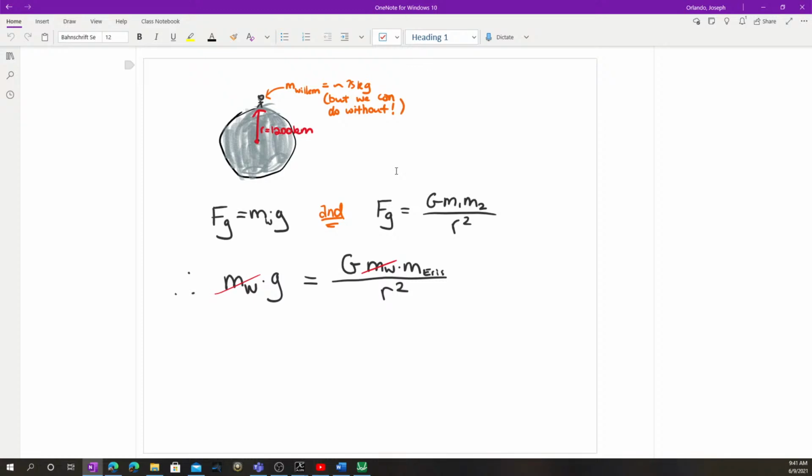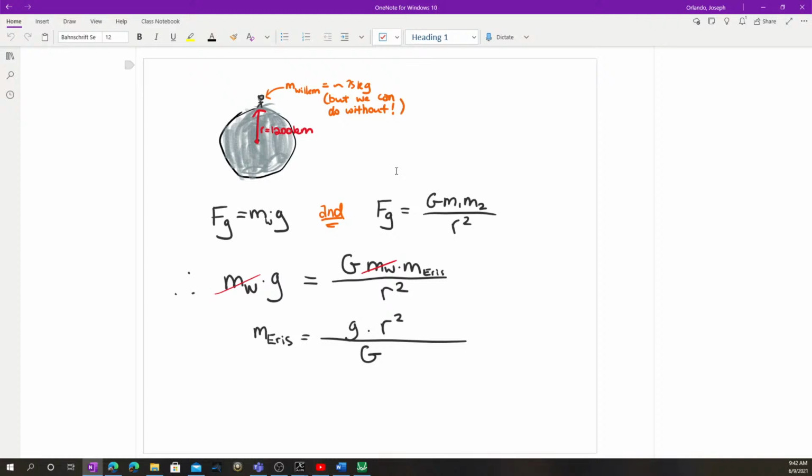And now to solve for the mass of Eris is a relatively simple thing. We just have to multiply the r squared up to the other side, divide the G to the other, and we can say the mass of Eris must be equal to g, little g, acceleration due to gravity on Eris, is still on the top. R squared will be on the top, and the gravitational constant will be on the bottom. I think I've done that right.